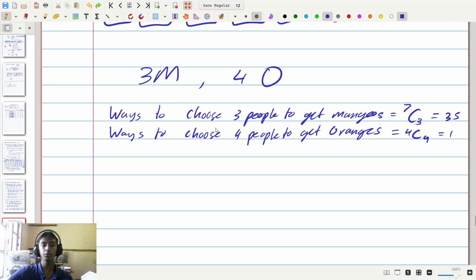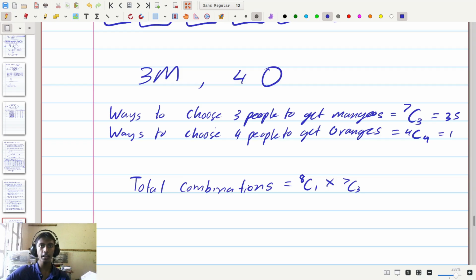Due to this, we can use the fundamental theorem of counting and say that the different number of total combinations is going to be the product of all of these individual combination steps, which is going to be 8 choose 1 different ways to choose the guy that gets the 3 mangoes, times the 7 choose 3 different ways to choose the 3 people to get the remaining mangoes, times the 4 choose 4 different ways that we can do to find the remaining 4 people that get the 4 oranges.